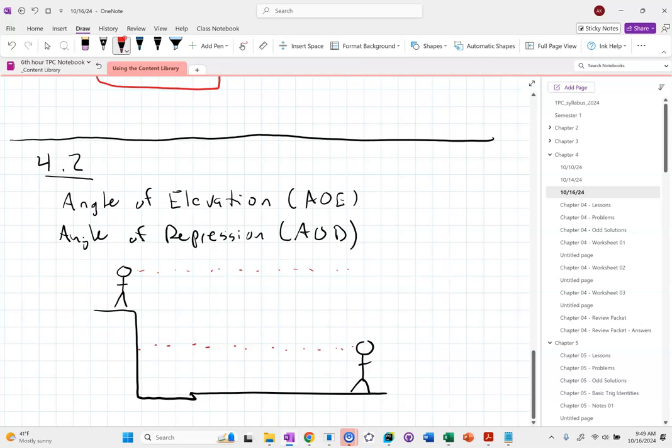So that's their line of sight. The person up high has to turn their neck down to see the person low, right? This is an angle of depression because you're going from high and then turning your neck to look low.